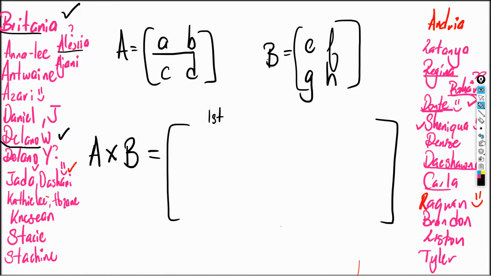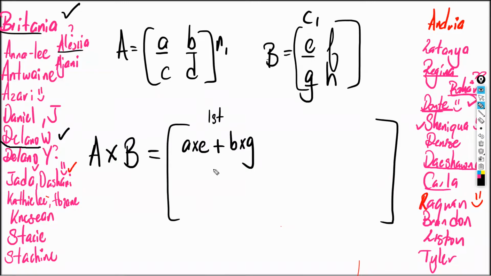This is row 1, and this is column 1. So we're going to say A times E plus B times G. That's how we'll find it.